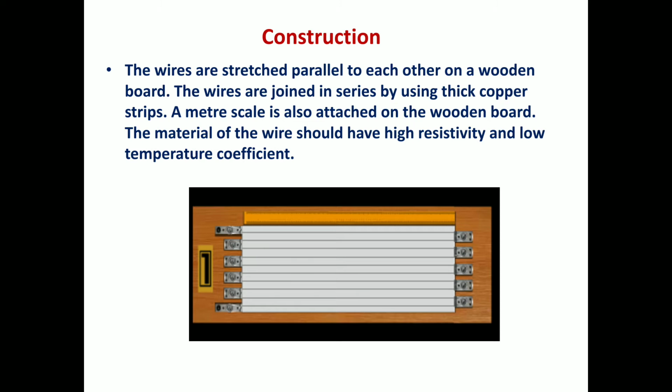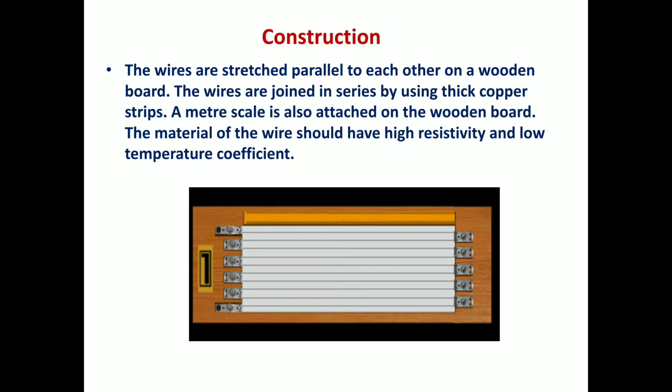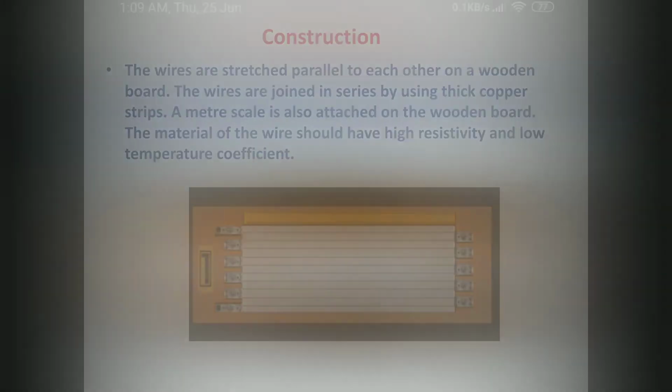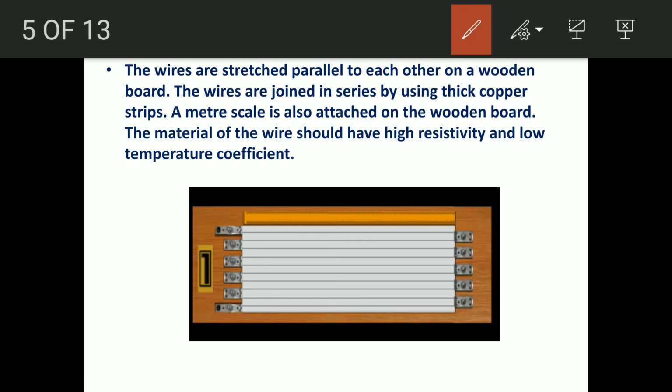So if it has a low temperature coefficient, then its resistivity is almost constant, not varying with temperature. So number one, it should have high resistivity. Number two, it should have low temperature coefficient.